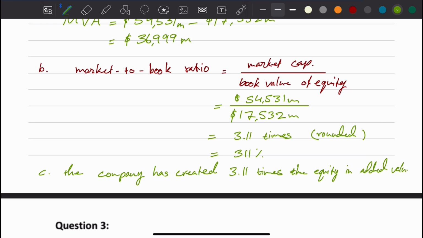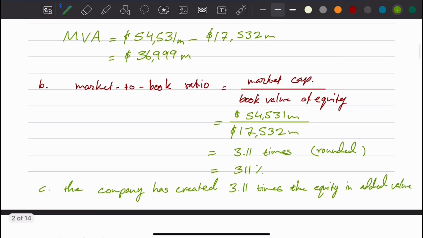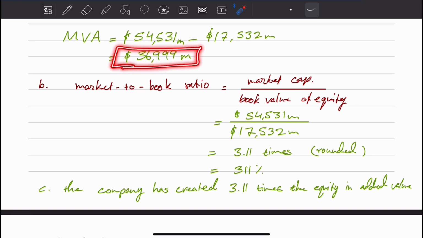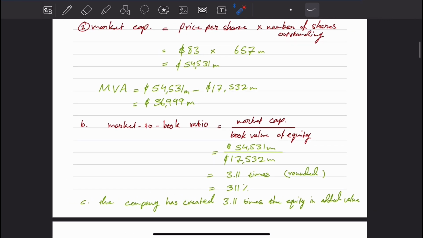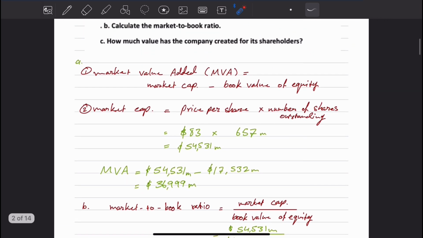Okay, or you could put it in dollar amount format and say the company has created $36,999,000,000 of value added. All right, this is how you can approach the first question.